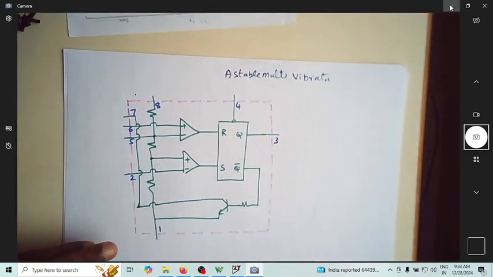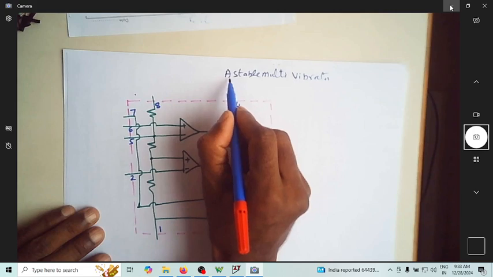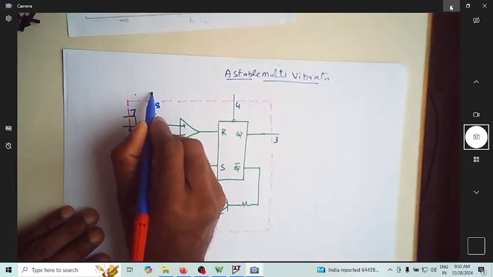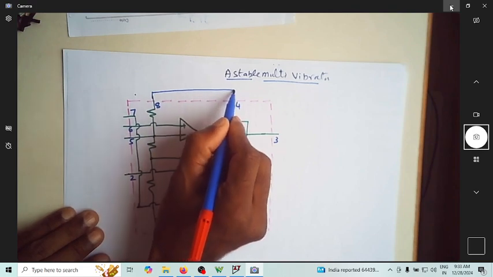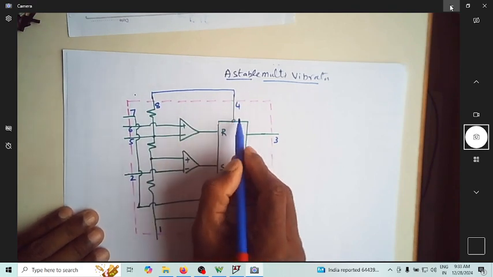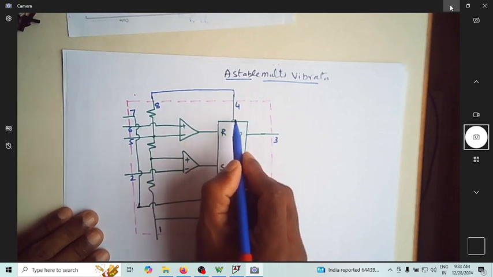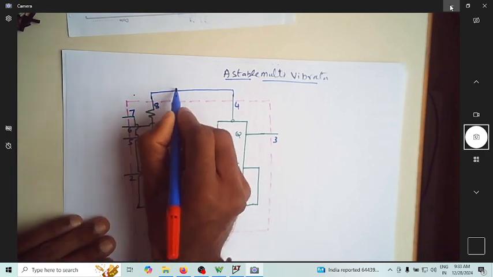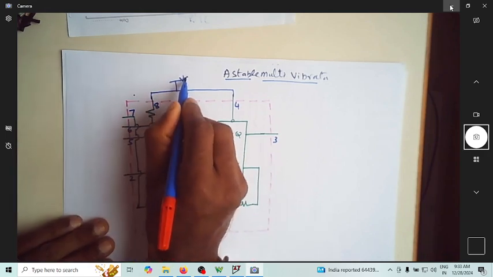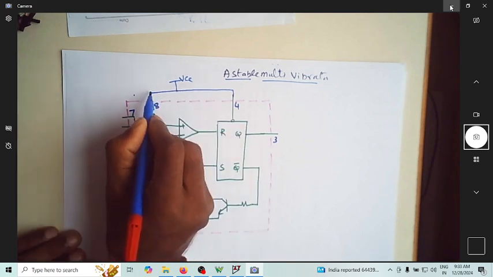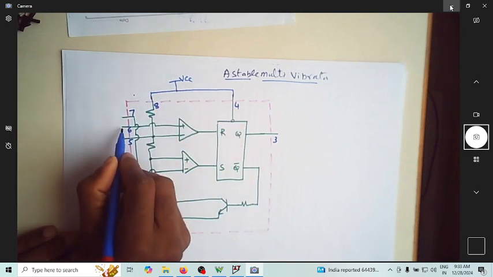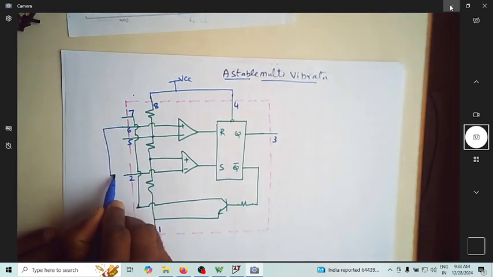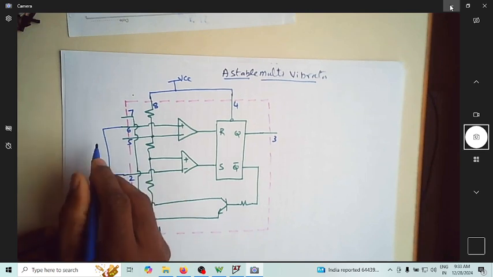Let us now make the connections for configuring the astable multivibrator. Let me short VCC and reset. I don't want to reset, that's why I'm disabling the reset pin by connecting it to VCC. So this is VCC now. Let me short pin number 6 and 2.